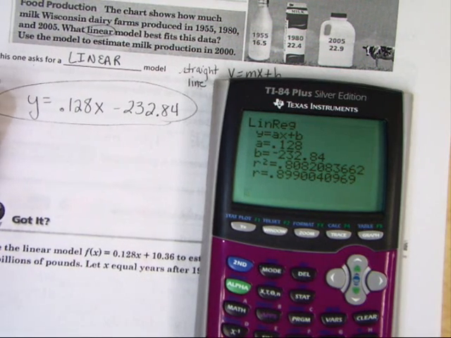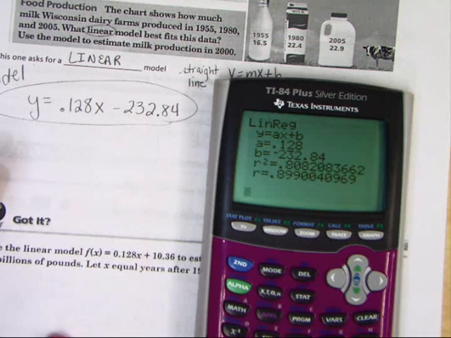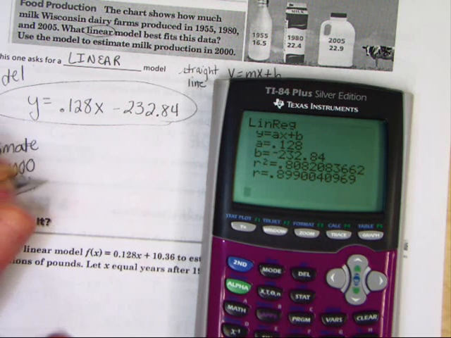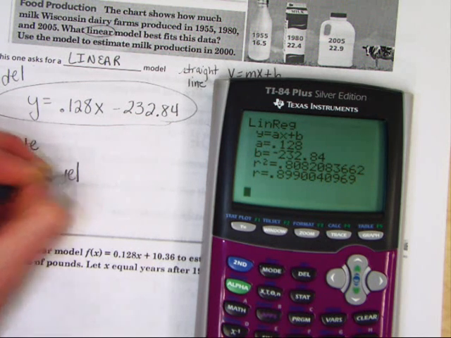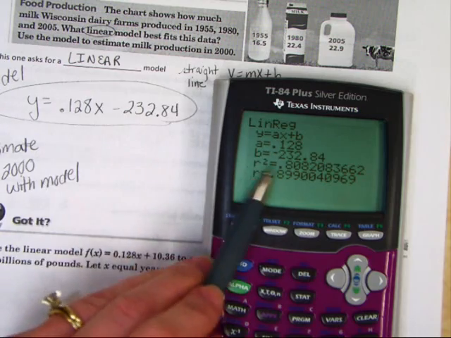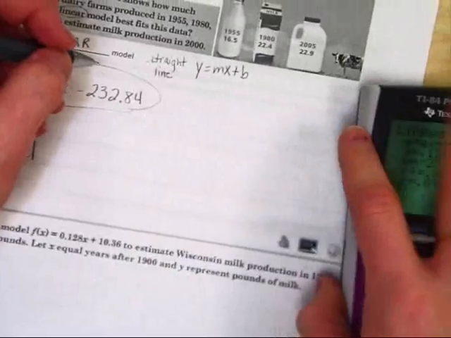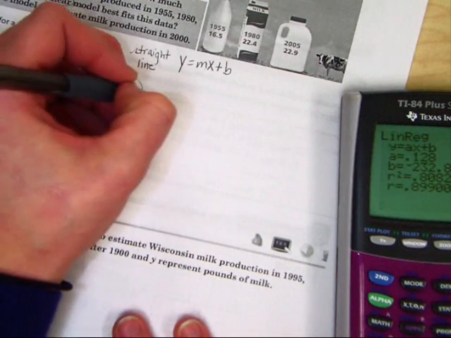So here's our model. Now we need to estimate with our model. Notice that r squared is only 0.81. We should really note that because it's not that close. I'm going to write that down.